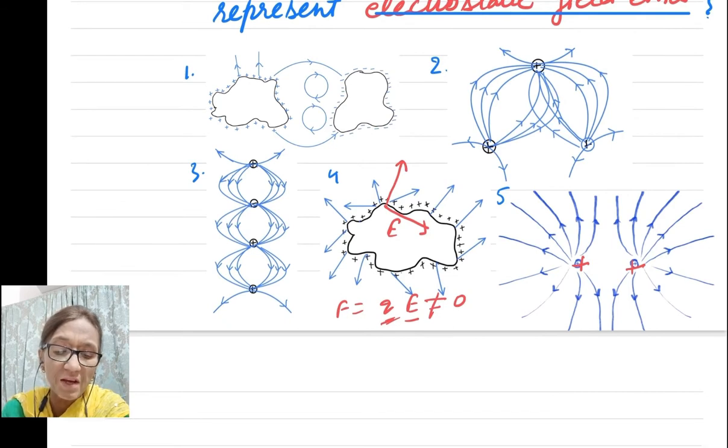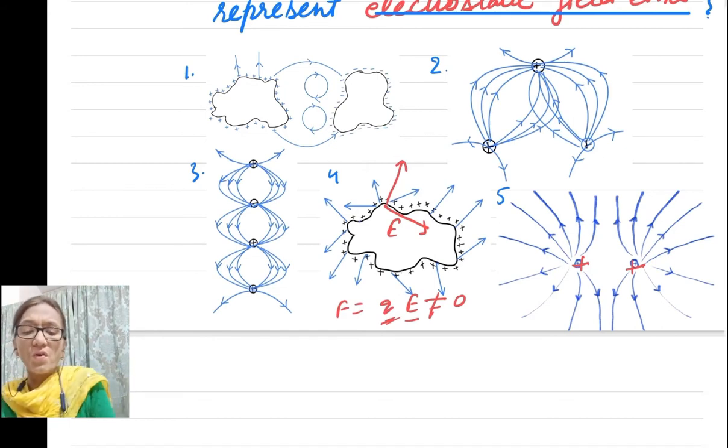Now option 3. Here you can see that lines are coming out from positive charges. Up to here, option 3 is correct. Now here you have a negative charge, and at a negative charge the field line should come in. But here it is going out. So option 3 also is wrong. Now option 4.